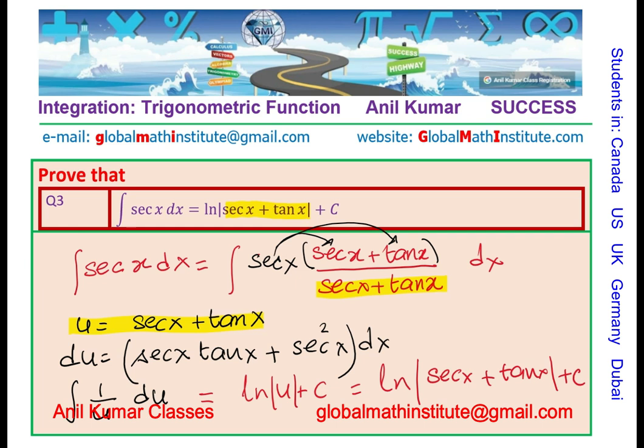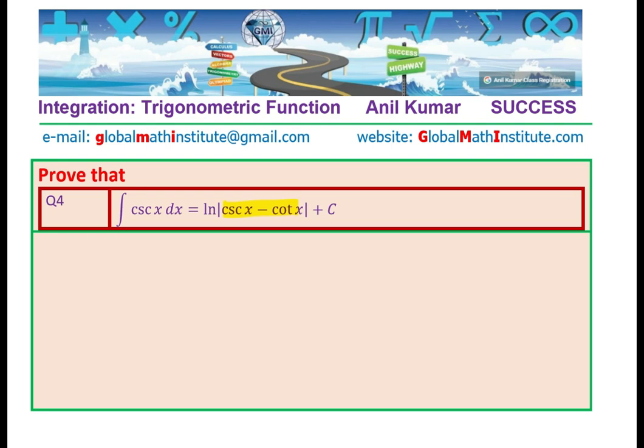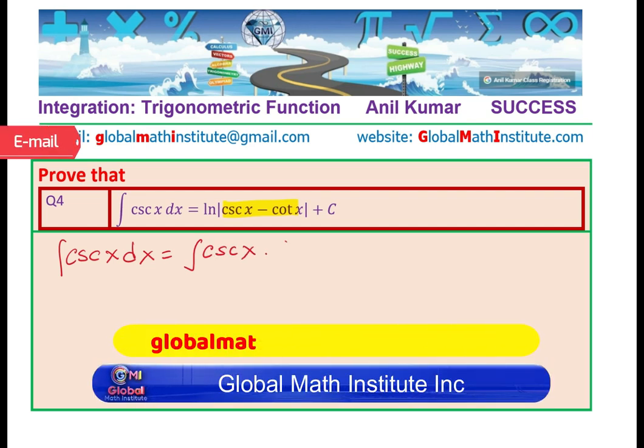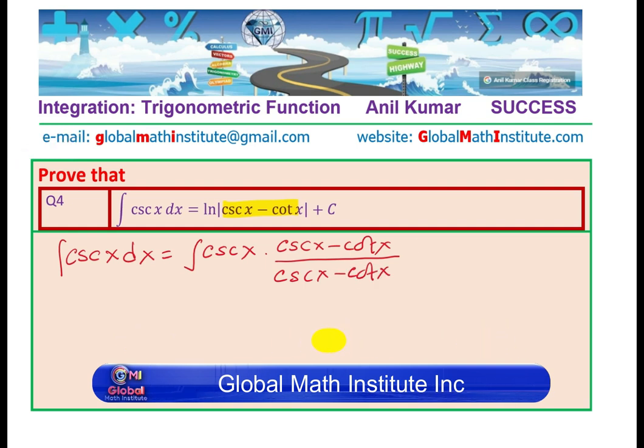Now let's look into the last one, which is cosecant x. And in the case of cosecant x, what will you do? You're looking for cosecant x minus cotangent x. And therefore, what are you going to do? You're going to rewrite the integral of cosecant x dx as the integral of cosecant x times cosecant x minus cot x divided by cosecant x minus cot x, dx.